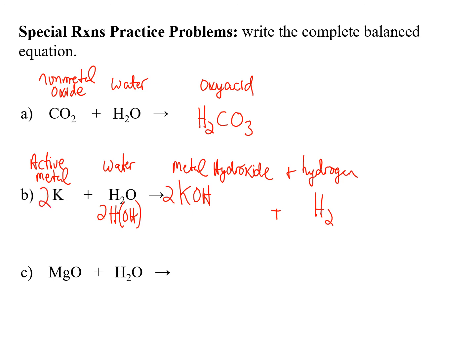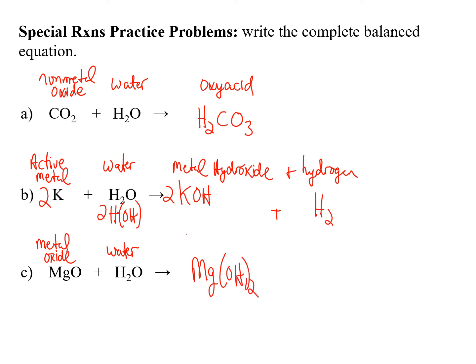If I take a metal oxide plus water, this is a special synthesis. We saw this one in the lab. We get magnesium hydroxide.